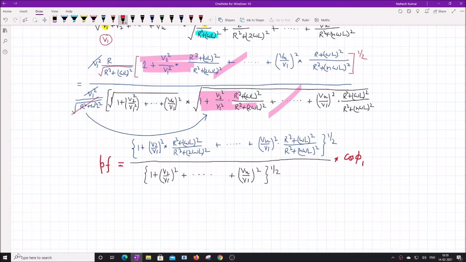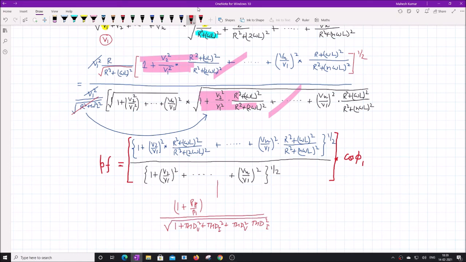So what is this whole factor? This factor is the same as that ratio that I have expressed in terms of 1 plus PH by P1 divided by square root of 1 plus THD V square plus THD I square plus THD V square and THD I square, whole square root.